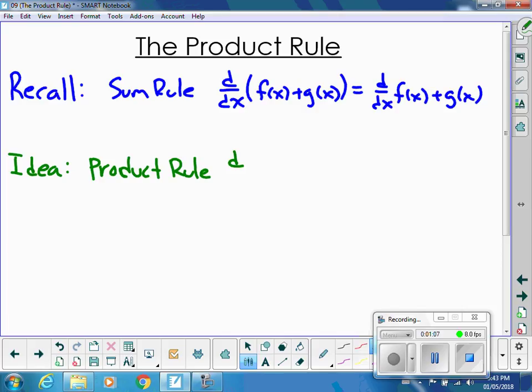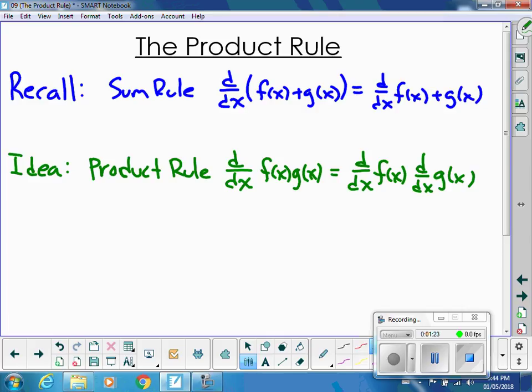Maybe the product rule is this: if I have the derivative of f times g of x, maybe that just means we do the derivative of the first and the derivative of the second function. So let's test this out and see if that's actually what happens.